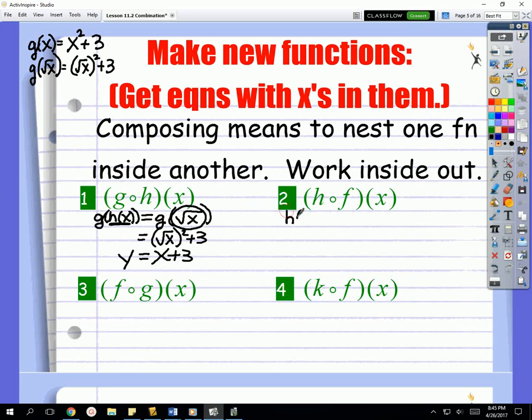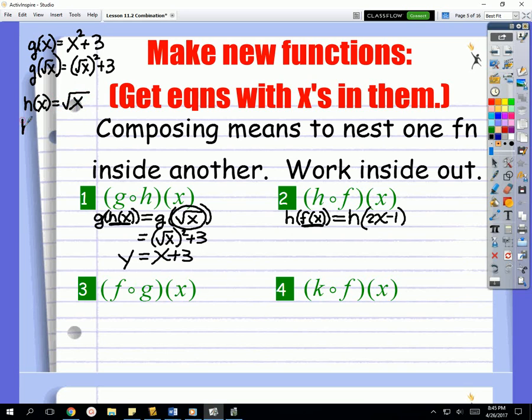On number 2, h of f of x, okay, you got to do the inside first. So what's the equation piece of f of x? Well, if you look at your paper, it says f of x is 2x minus 1. So I'm going to plunk that in there. Now, h of x, look over here in the left-hand column, h of x equals the square root of x.